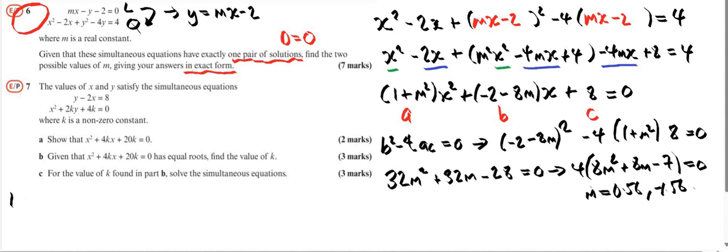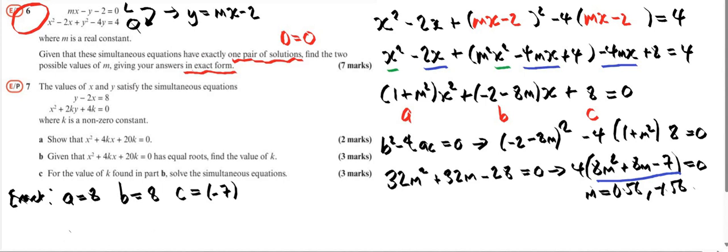So for my exact answers, okay, well, I know that a is equal to 8 from this quadratic, I know that b is equal to 8, and I know that c is equal to minus 7.